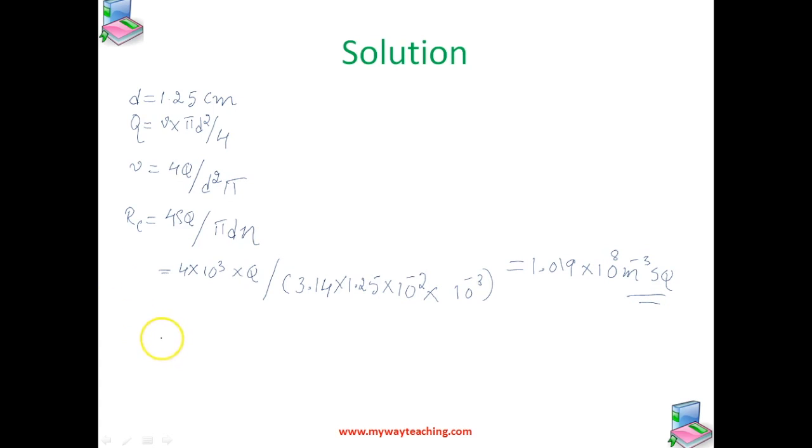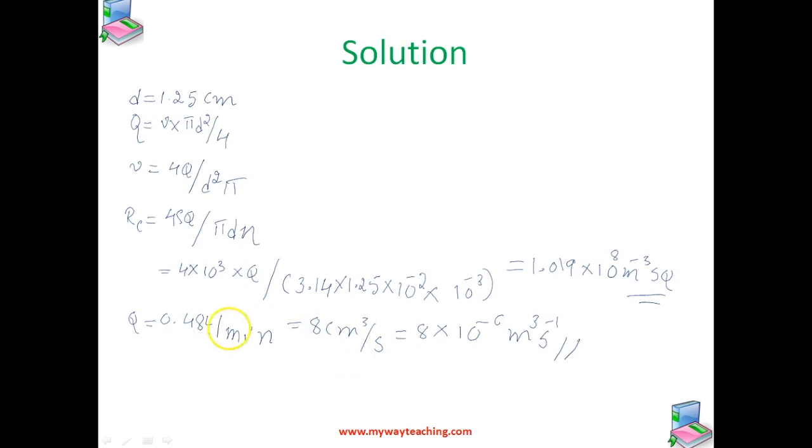Since initially it is given by 0.48 L per minute, we'll write it in terms of meter cube per second, that is 8 into 10 raised to minus 6 meter cube per second.